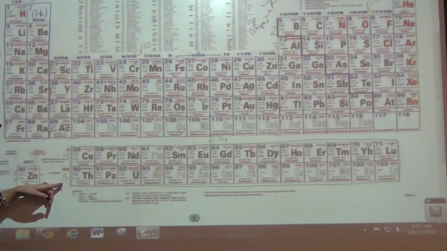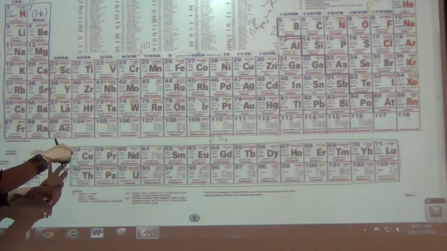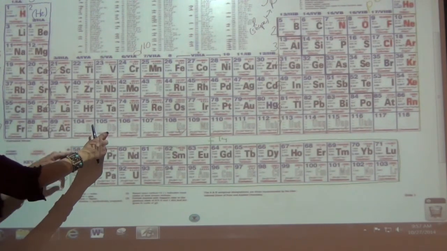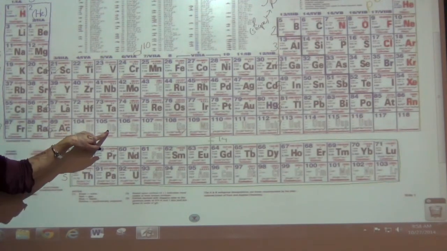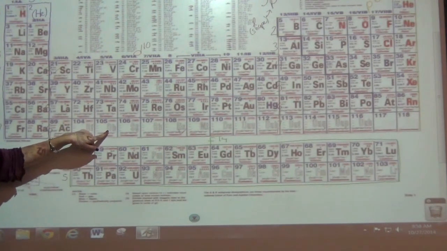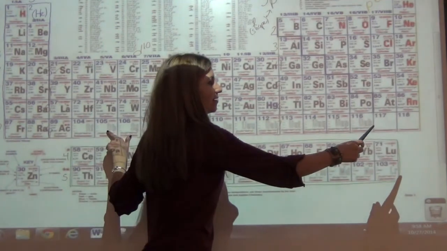Now I'm going to have somebody else try this one. Someone want to try number 105 and see what happens at 105? It's the same thing, but I just want you to see what happens at 105. Anyone? Yes? Okay, awesome. So what noble gas would you use? For 105, radon, Rn. Good.